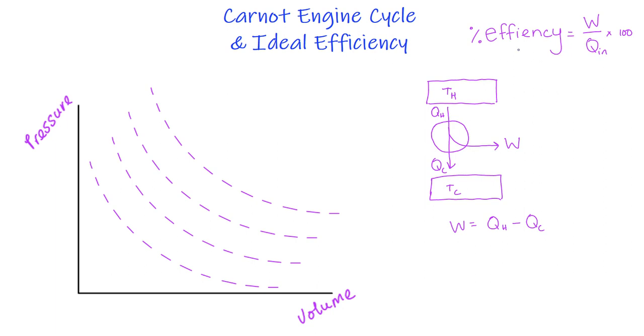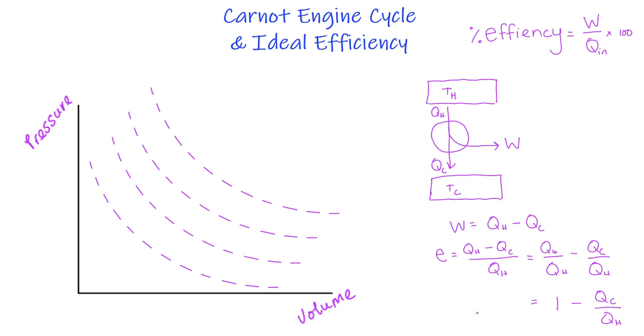So I'm going to rewrite this efficiency equation as E is equal to (QH minus QC) over QH. And keep in mind that I can make the denominator QH because that's the input heat that's coming from the high reservoir. I'm going to split this fraction, so I have QH over QH minus QC over QH. And what I'm left with is QH over QH, which is 1, minus QC over QH.